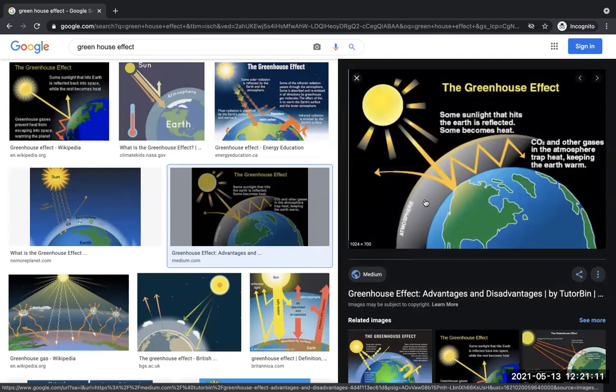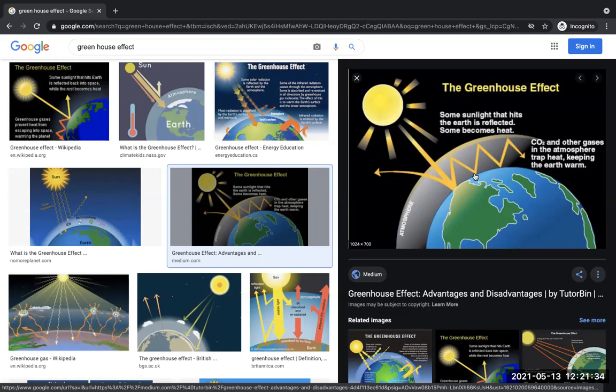Otherwise the sun rays hit the ocean and they bounce back. But because all this carbon is in the environment, now it's hitting the greenhouse gas carbon and methane. Methane, we talked about that too. So these gases are trapping heat, which is warming up our planet.